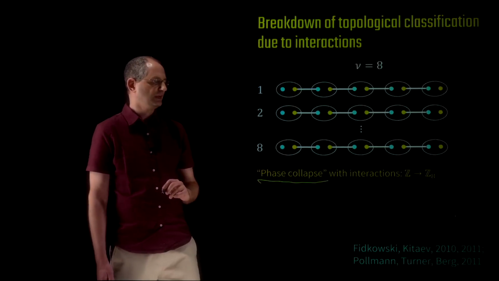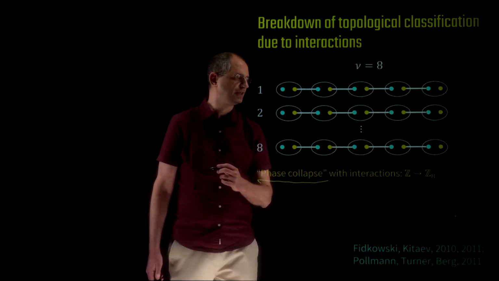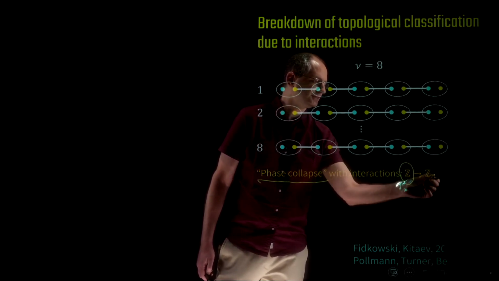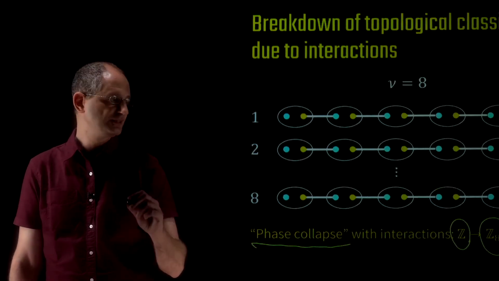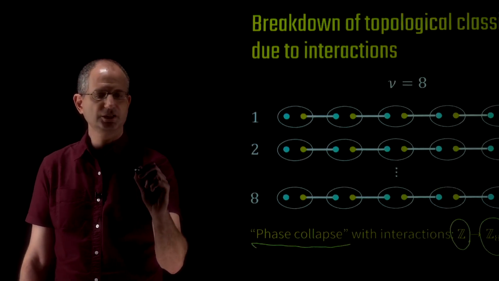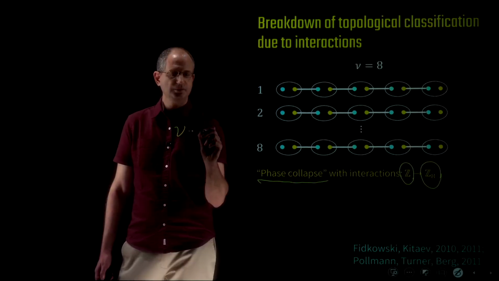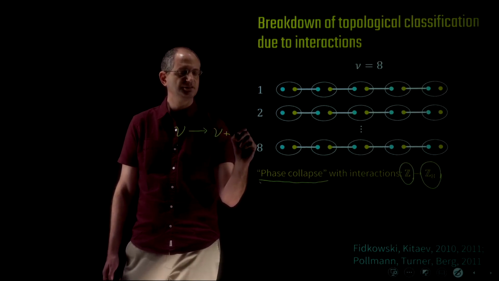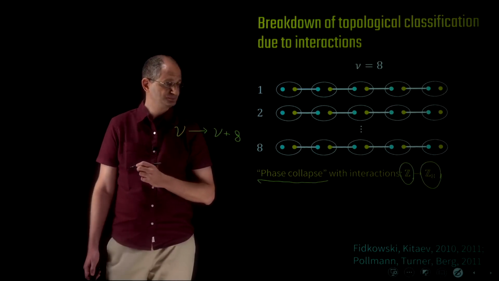So in this case, the classification of phases in the presence of interactions gets modified from an integer valued invariant to an integer mod 8. This means that any phase that has a topological invariant nu in the non-interacting case is equivalent to a phase that has an invariant nu plus 8, or any multiple of 8, once interactions are included.